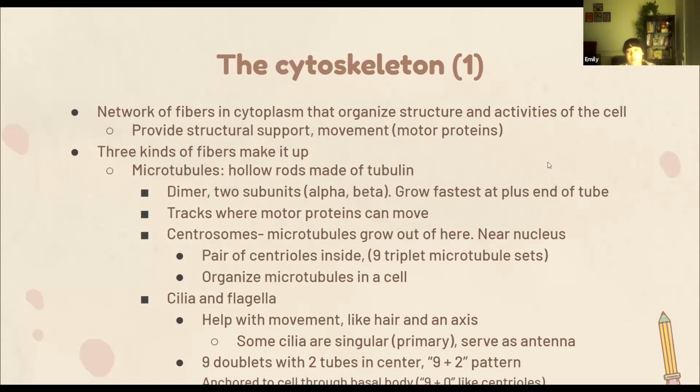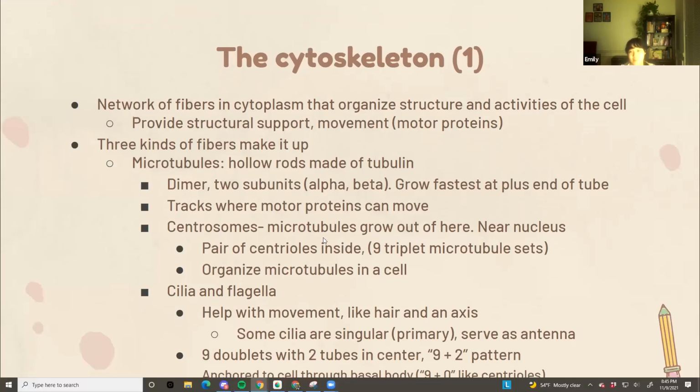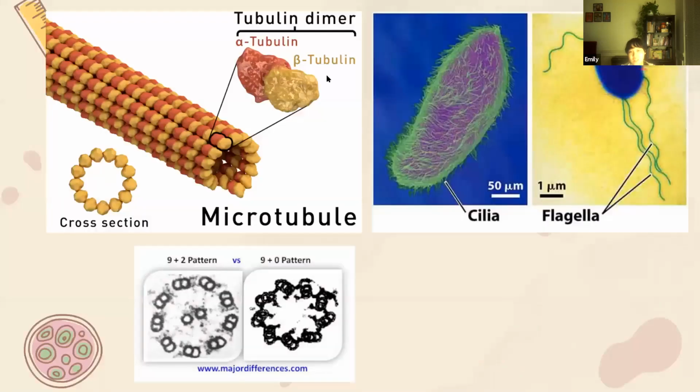Centrosomes, which play a key role in DNA replication, form using microtubules. Also cilia and flagella, which help with cell movement. Cilia are like tiny hairs, and a flagellum is like a single tail. If you've ever seen a sperm, it has a flagellum at the end. Here is an example of cilia and flagella, and this is how the microtubules are arranged.